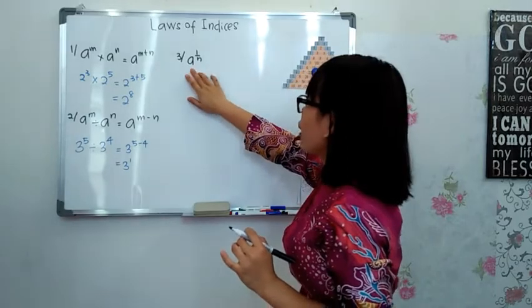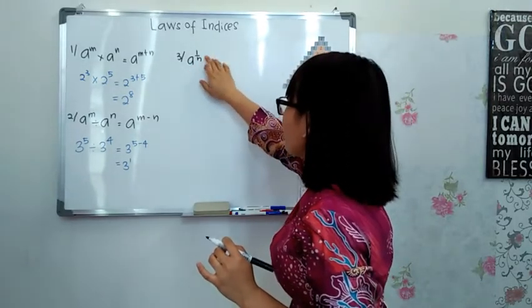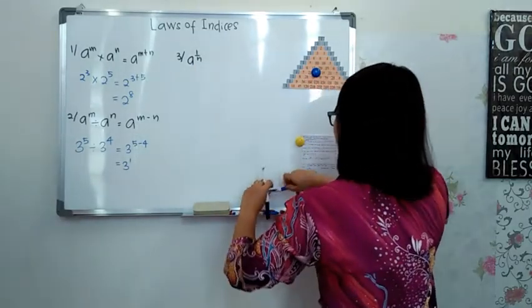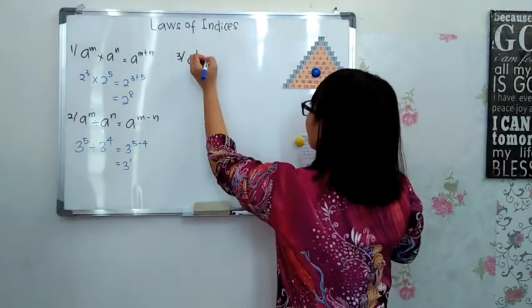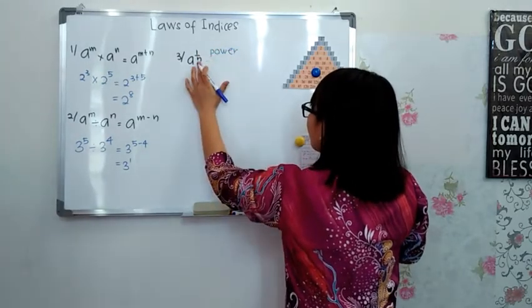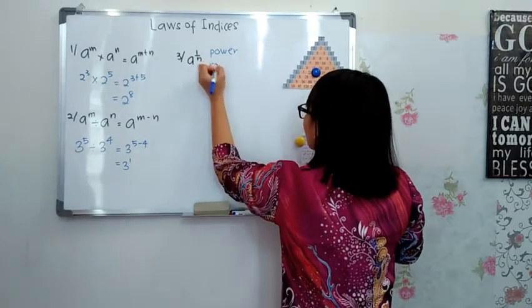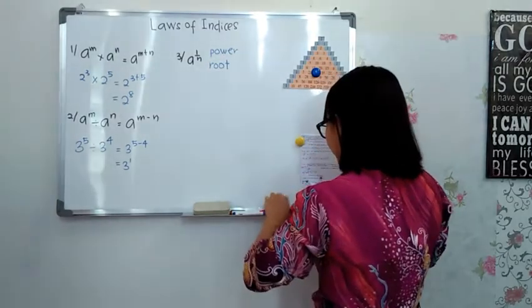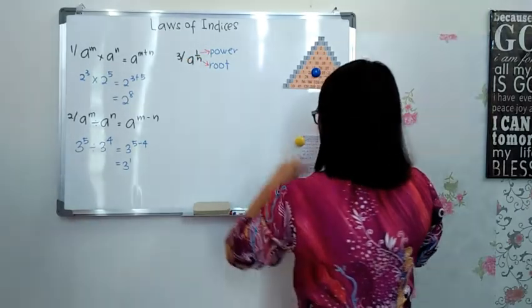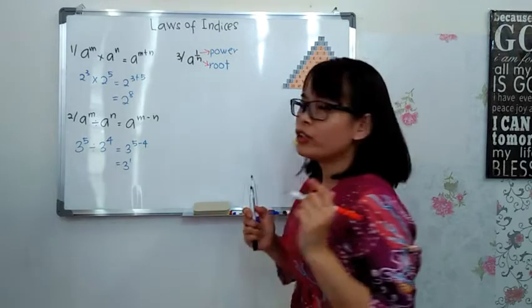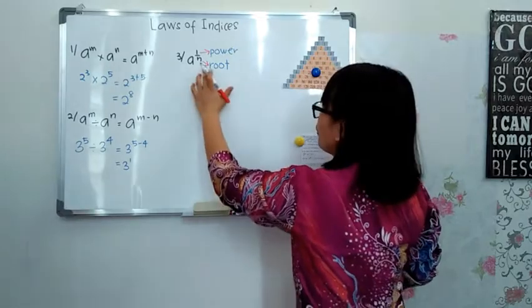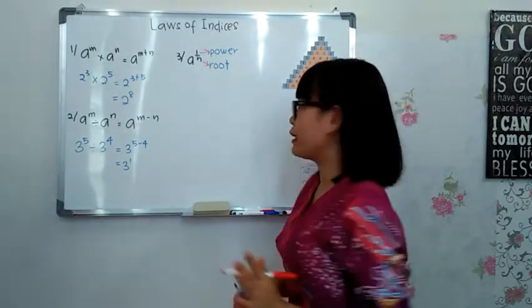Here, number 1 is the power, and then the n is the root. When you see a fraction in the power, you have to know how to define it.